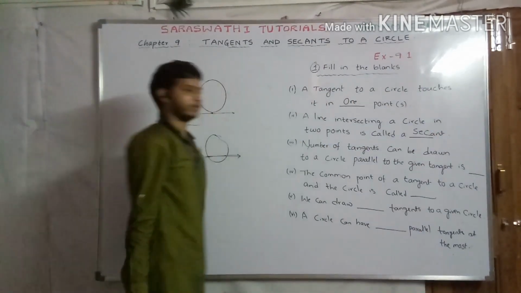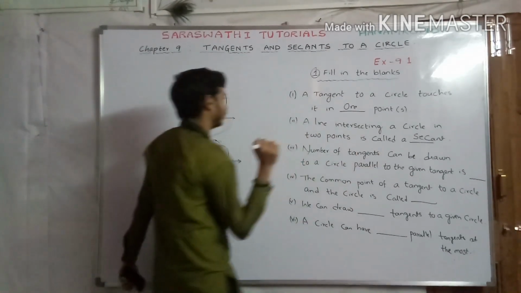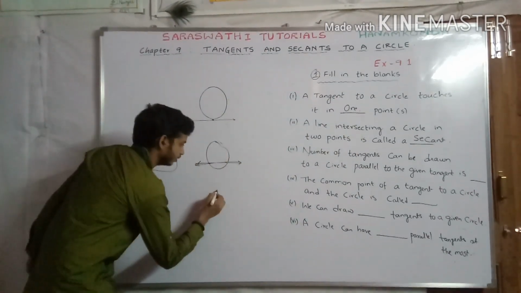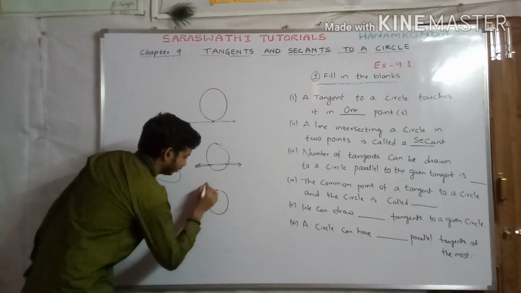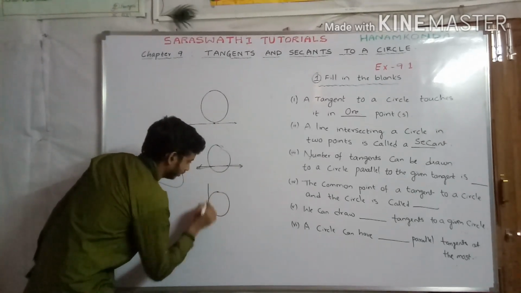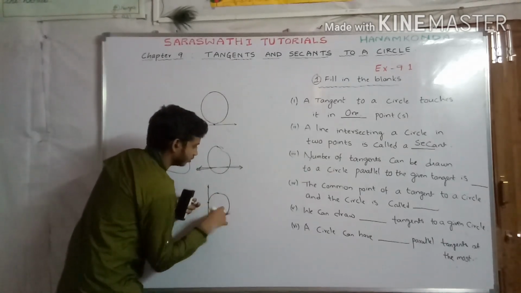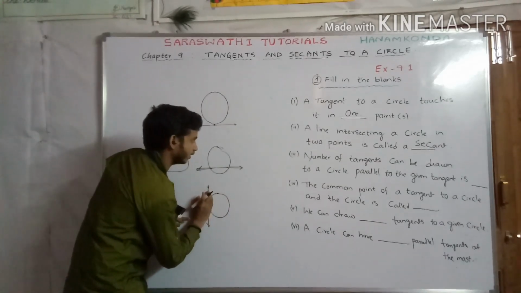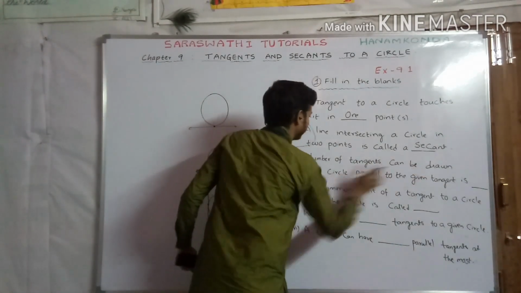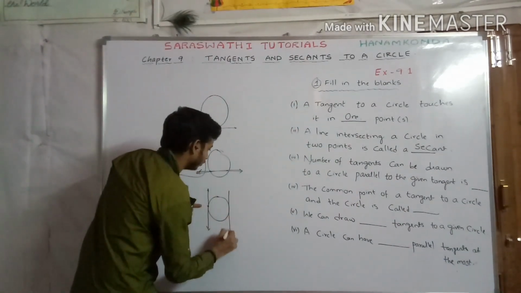The next question is, the number of tangents that can be drawn to a circle parallel to a given tangent is dash. Suppose you take a circle and draw a tangent to this circle, it meets in 1 point. So the number of tangents that can be drawn parallel to the given tangent is only one.